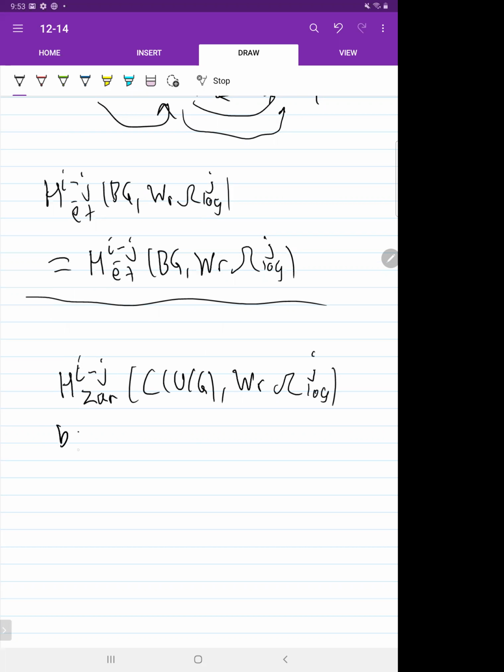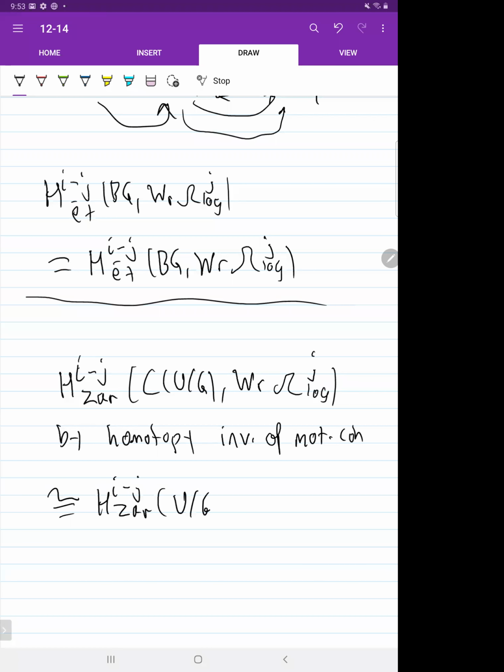And by homotopy invariance of motivic cohomology, this is isomorphic just to the Zariski cohomology of U mod G. And then since U mod G is smooth, this is isomorphic to motivic cohomology of U mod G.